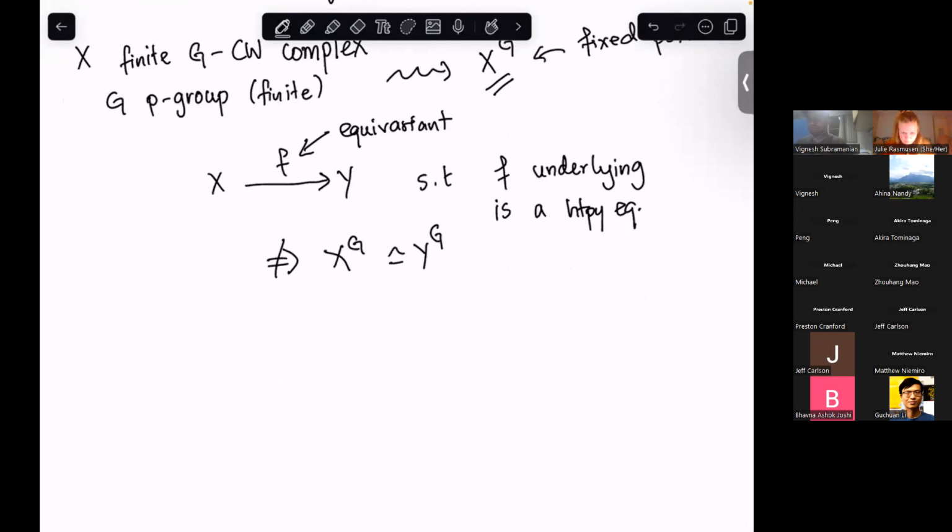So there is a natural question: how much can you infer? Given as much information about the cohomology or the homology of your G-CW complex, can you say something about the corresponding homology or cohomology of the fixed points?